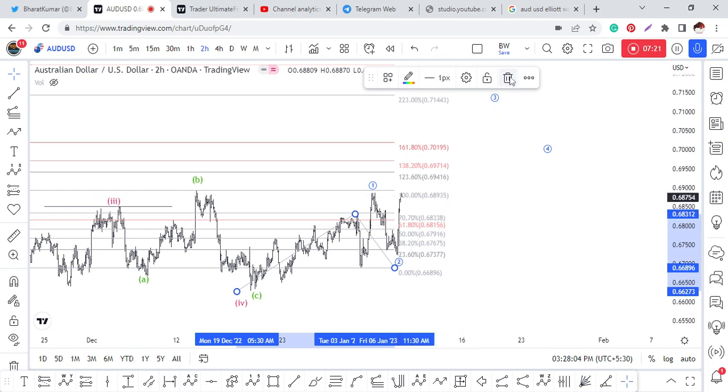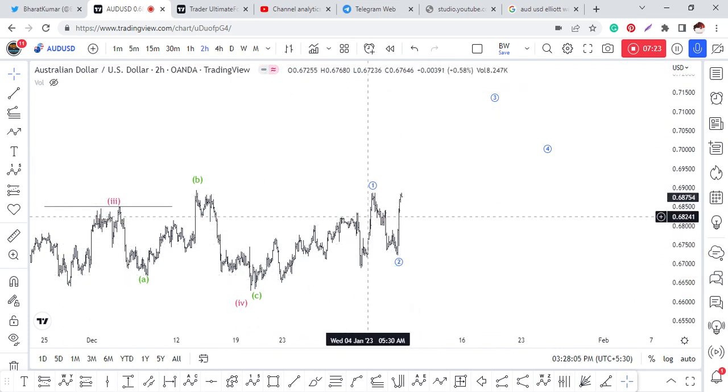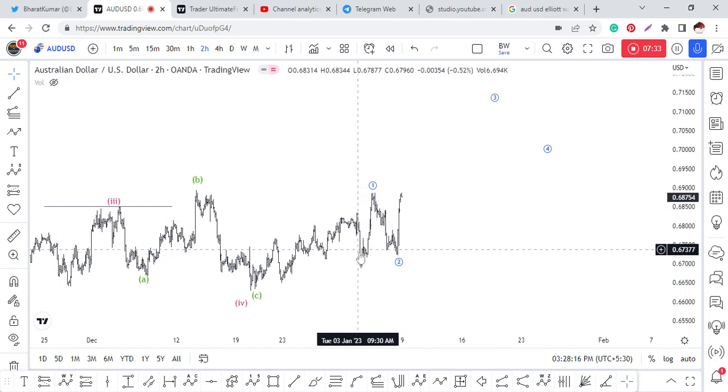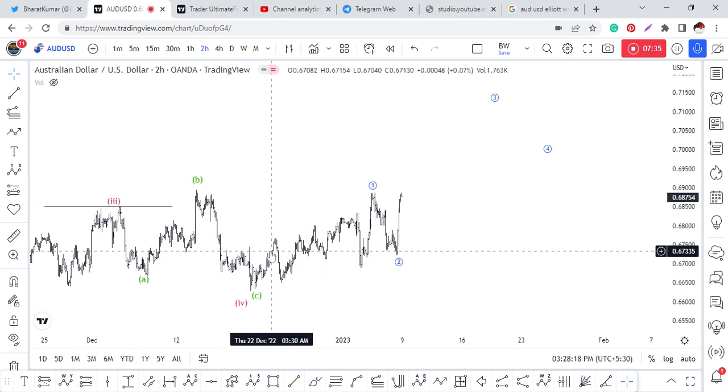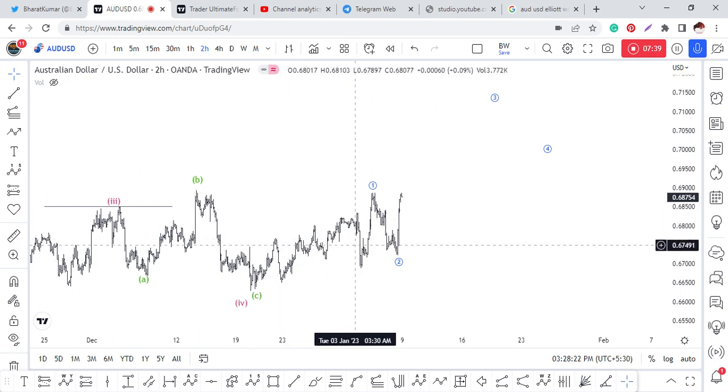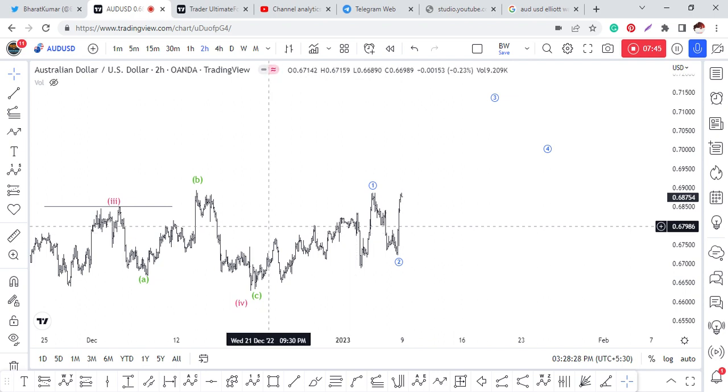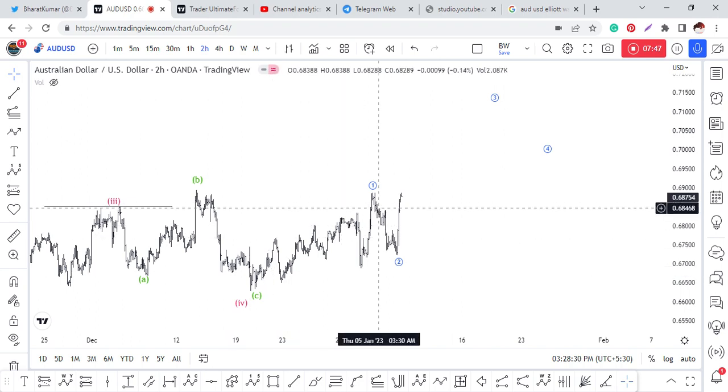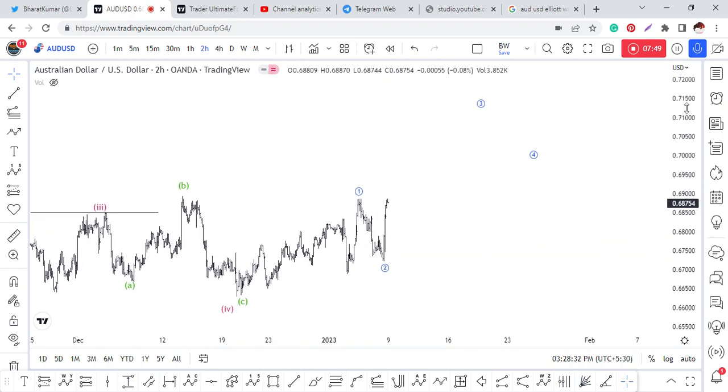So here it also follows the Elliott rules. This is the leading diagonal. In a leading diagonal, the fourth wave can go up and cut the first wave top, so it is acceptable in a leading diagonal.